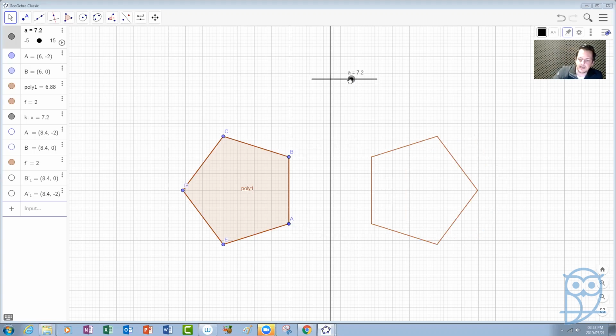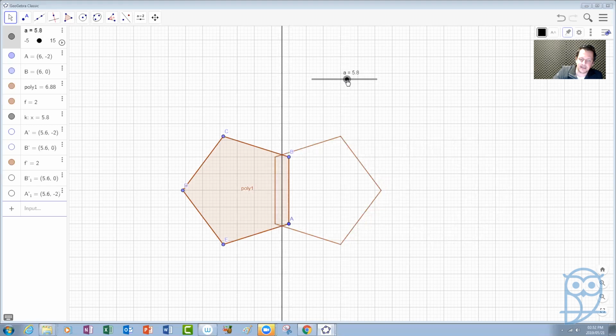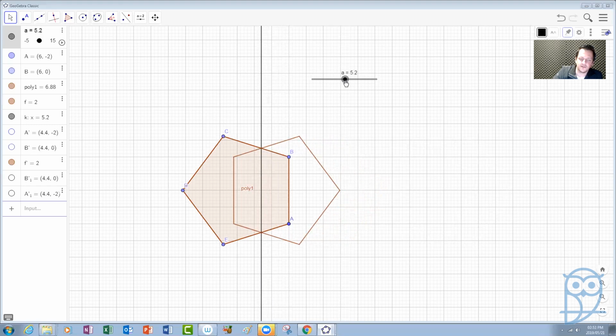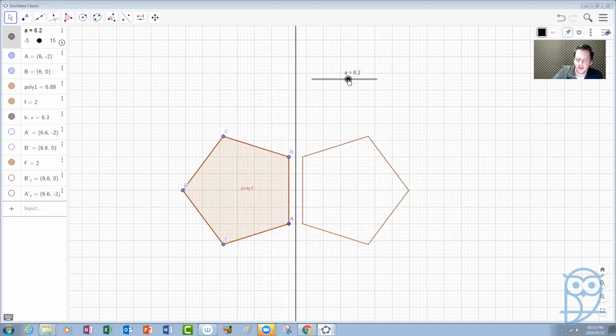The part that generally gets confusing is what happens when my reflection line starts intersecting with my shape. And when it starts intersecting, we see that our reflected image actually starts overlapping with our actual image. So this line here, we used to look at CB as a whole line, and then it would be reflected to there.